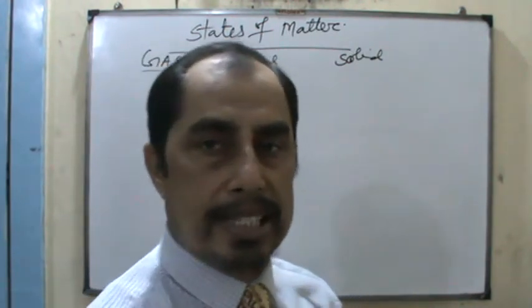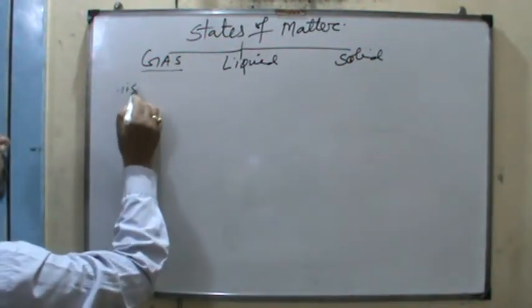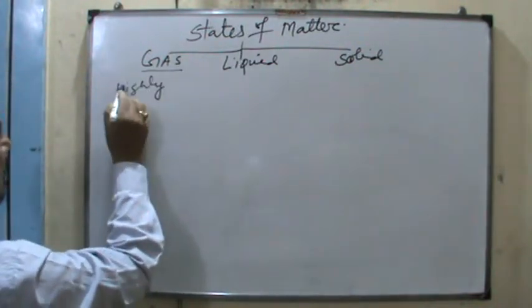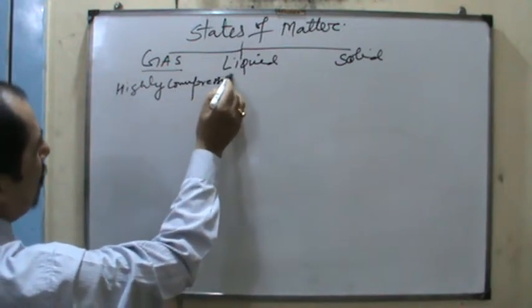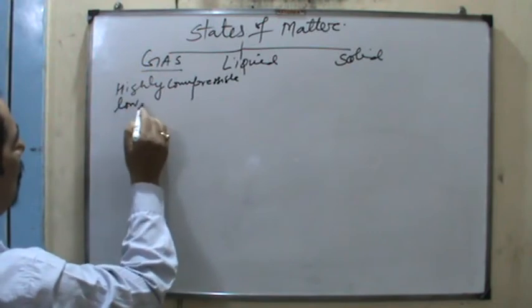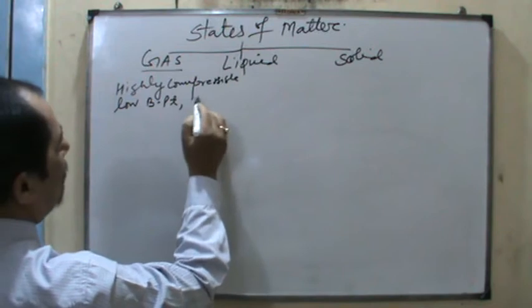So far as the gaseous state of matter is concerned, it is highly compressible, has a low boiling point, and is highly flexible.